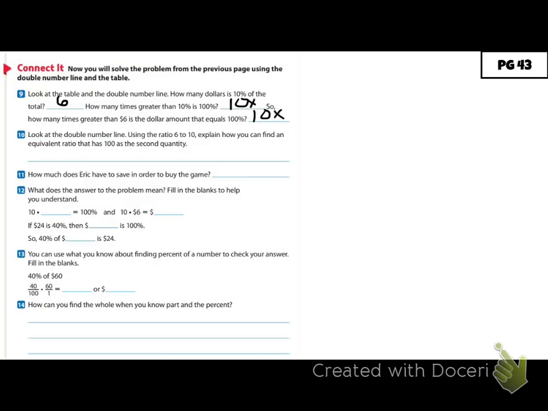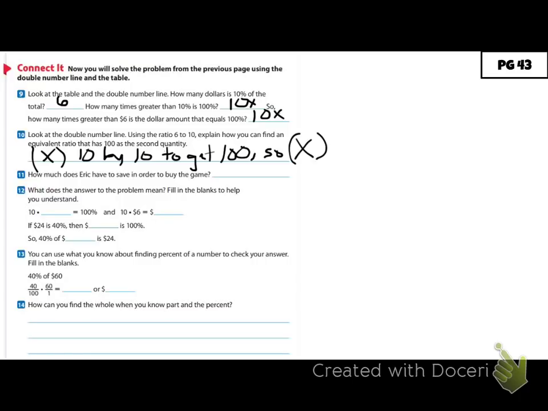So number 10, look at the double number line. Using the ratio 6 to 10, explain how you can find an equivalent ratio that has 100 as the second quantity. Maybe a possibility would be you multiply 10 by 10 to get 100.